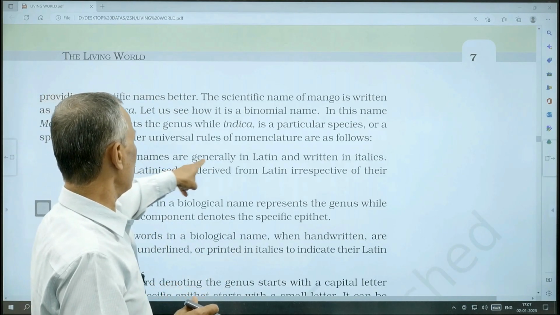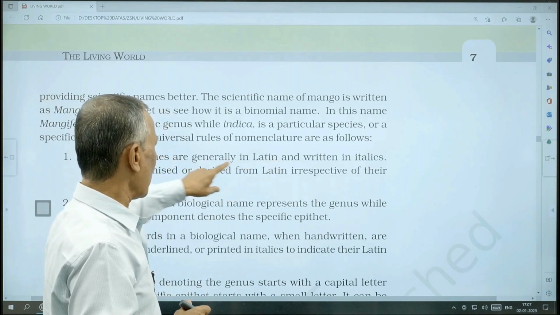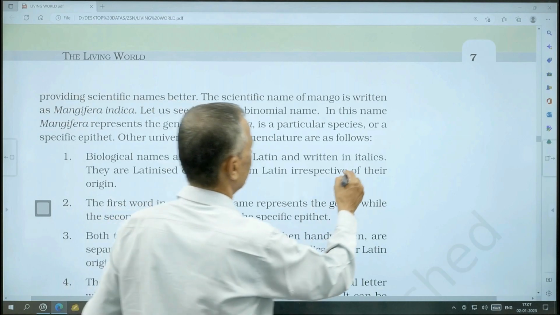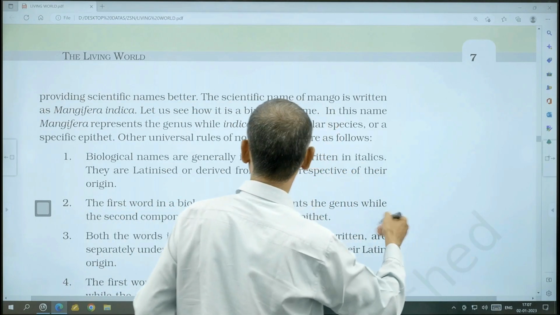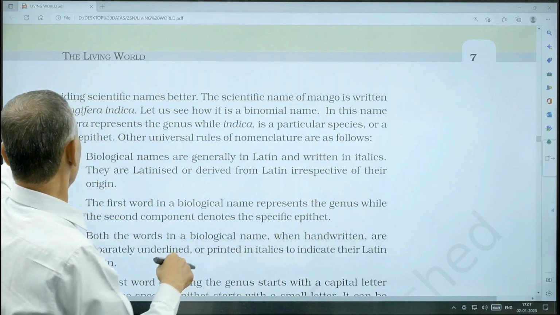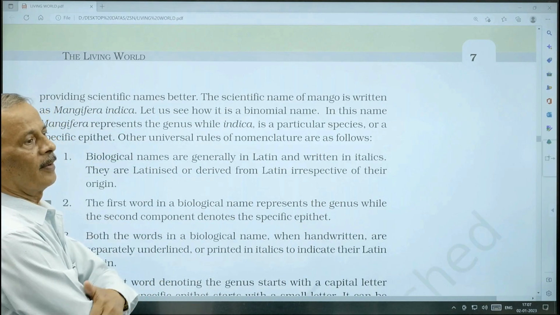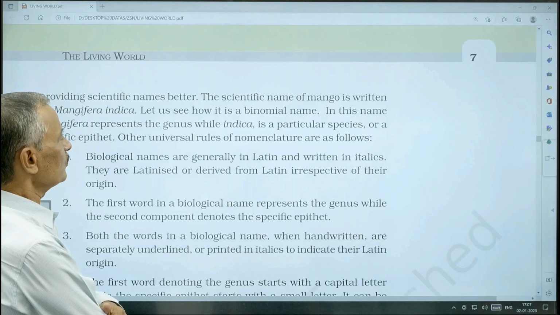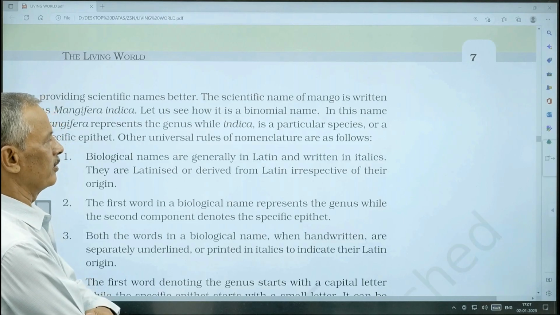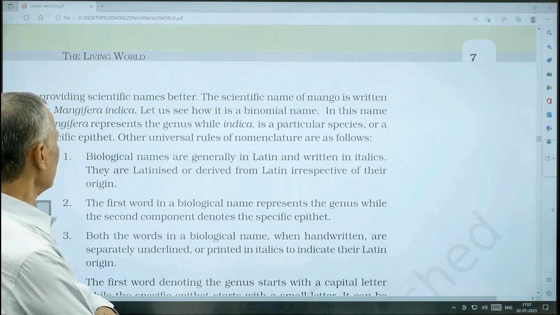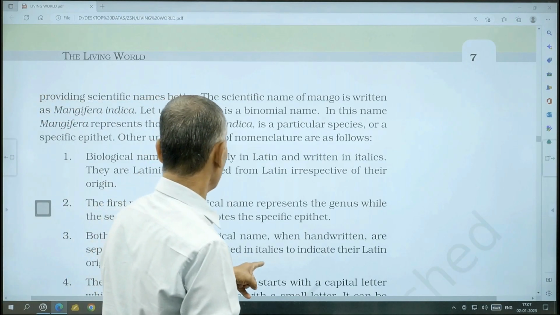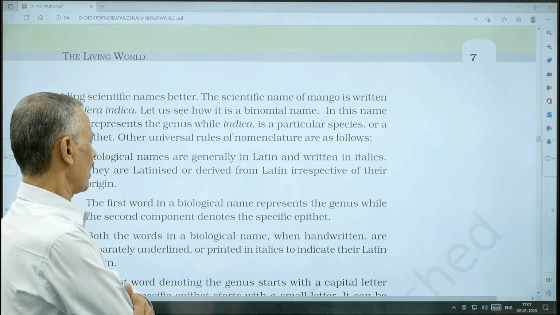Biological names are generally in Latin, and when it is printed, it should be in italics. Italics means slightly bending to the right. Okay. And if they are handwritten, they will be underlined by two separate underlines.